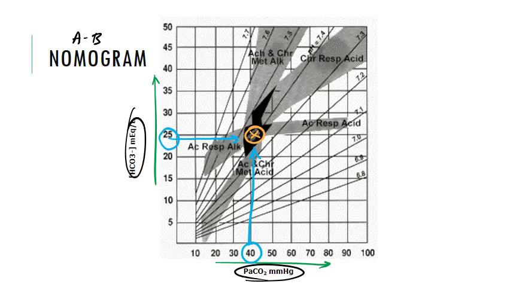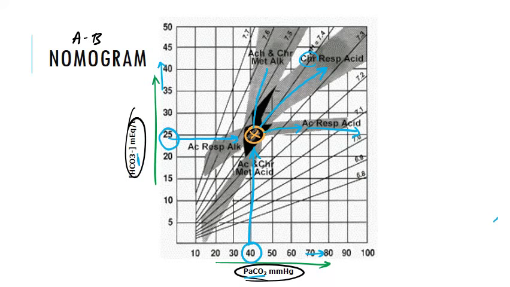For example, acute respiratory acidosis is when PaCO2 is elevated and bicarb is not. Another example would be chronic respiratory acidosis, when PaCO2 is elevated and bicarbonate is elevated as well as a buffering system, so that's why we list it as chronic.